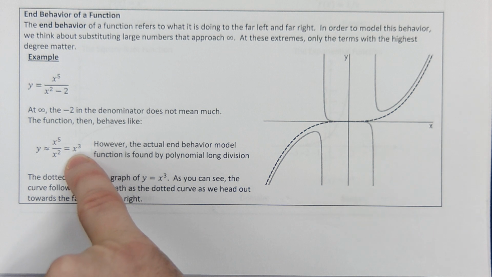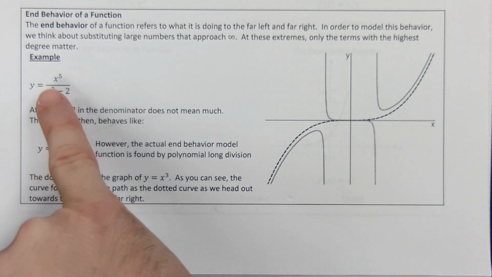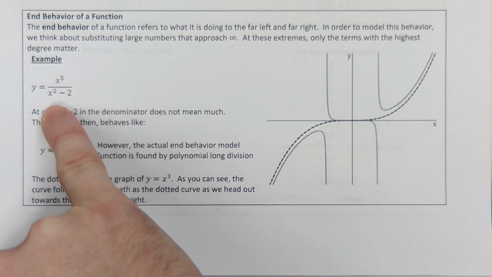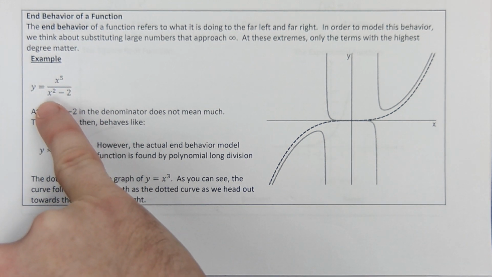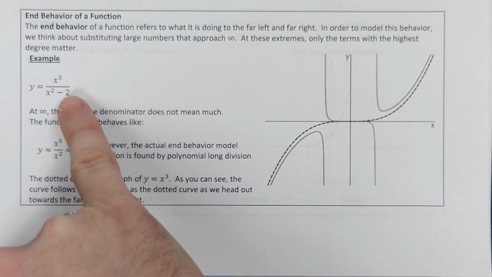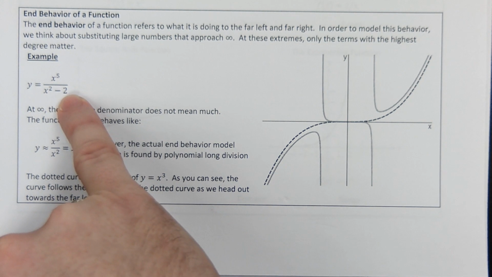What's happening is when our x values become extreme, I mean, they're just unreal big, okay? Like 1 with 1,000 zeros written after it, raised to the fifth power, divided by 1 with 1,000 zeros squared, minus 2. What's happening is this minus 2 has very little effect on the overall value of the number.